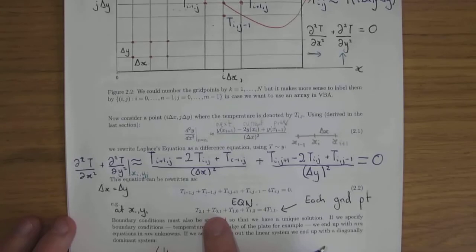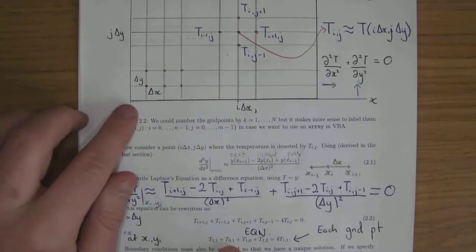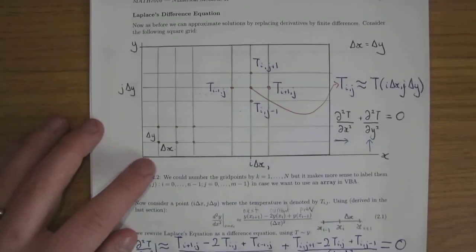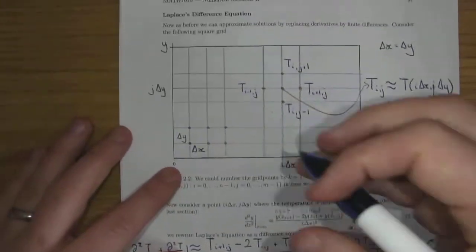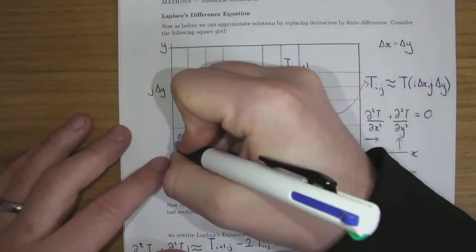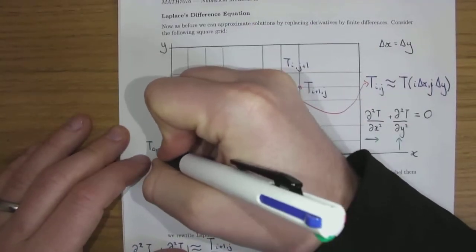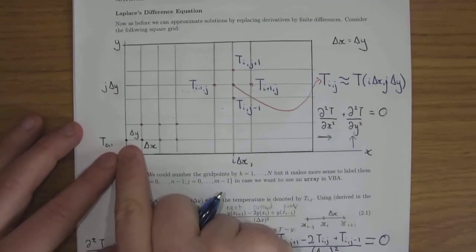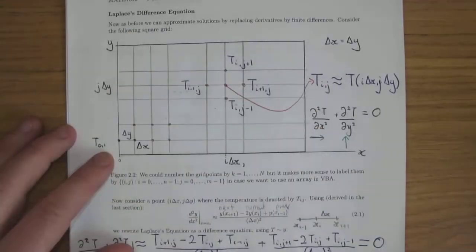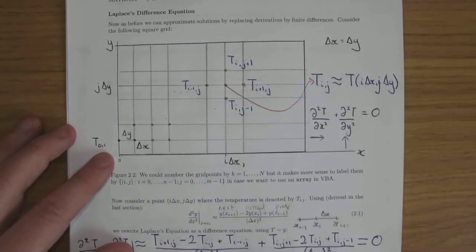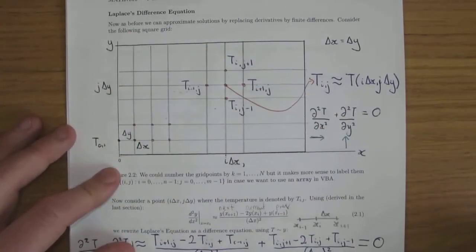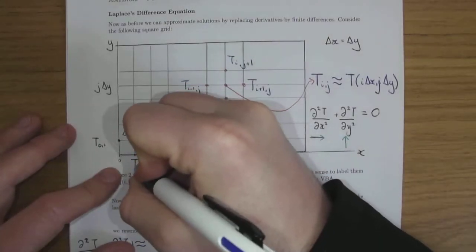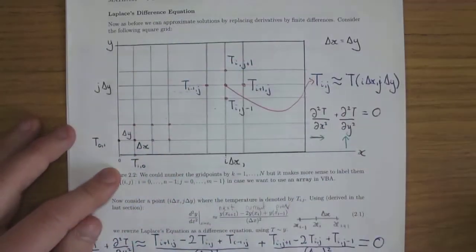So for example, T01 would be 0 along the x, 1 along the y, that's up here. And that would actually be a known value that you would be told, oh, the temperature in this boundary is whatever. I also see a T10, that's 1 along the x, 0 along the y, that's down here.